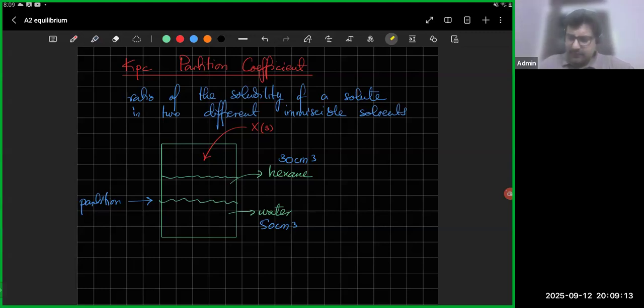But it's going to be more soluble in one of the layers. So for example, NaCl is more soluble in the water layer. More of it is going to dissolve in water, and a very small quantity is going to dissolve in the hexane layer. So they're going to dissolve in a certain ratio. If it's more soluble in water, more of it is going to dissolve in water, and less of it in hexane. Or it could be the other way around for a different solute.